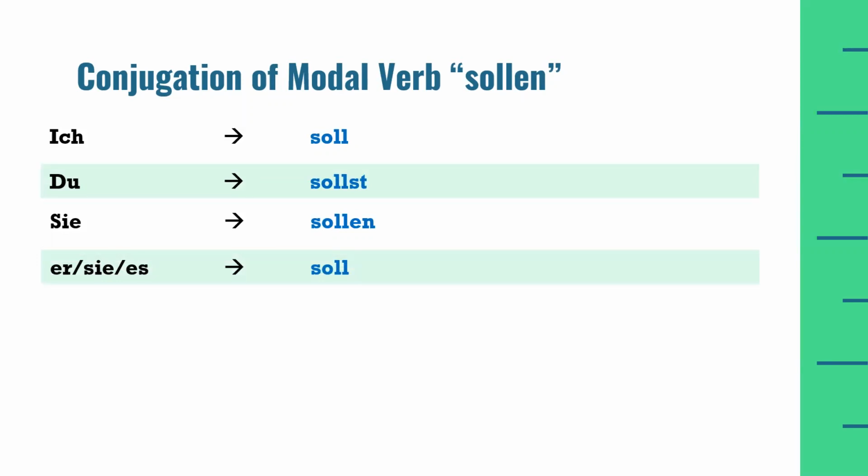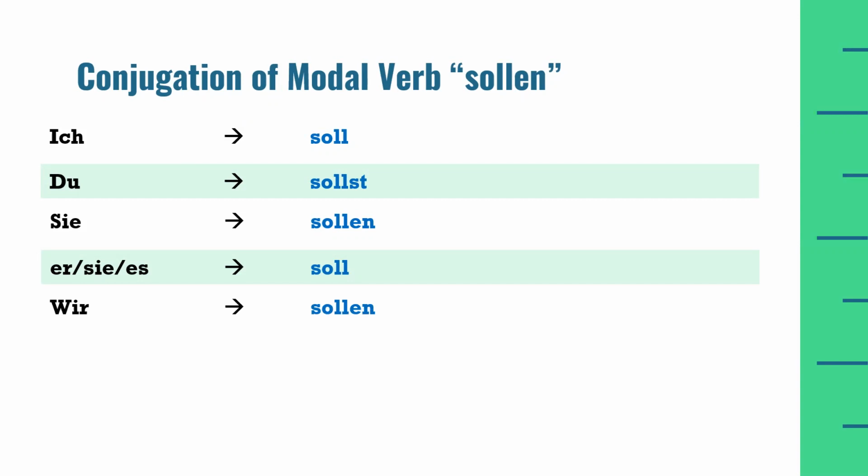For third person singular, er, sie, es, modal verb sollen will become soll. So you can see that if the subject of the sentence is ich or er, sie, es, both have the same conjugation.